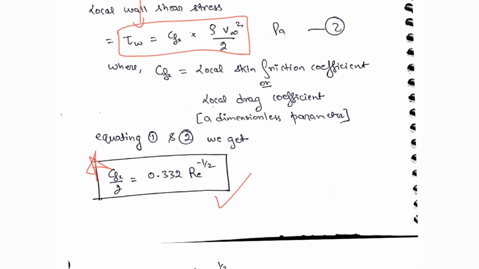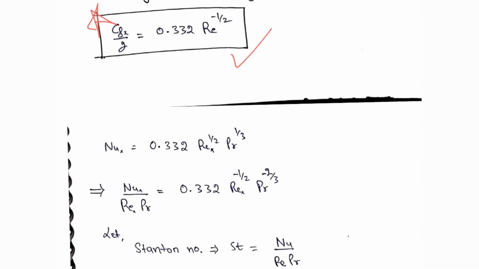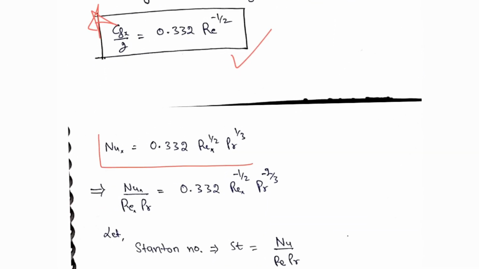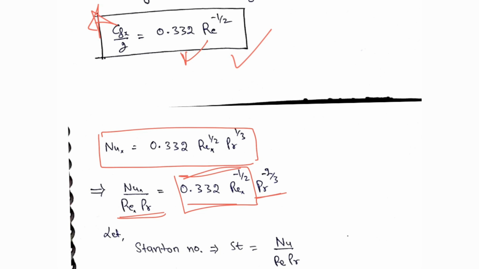Now we know the Nusselt number is 0.332 into Re power 1 by 2 into Pr power 1 by 3. If you divide the Nusselt number by Reynolds number and Prandtl number, we will get 0.332 into Re power minus 1 by 2, Pr power minus 2 by 3. But this expression is here, therefore instead of this you can use Cfx by 2.